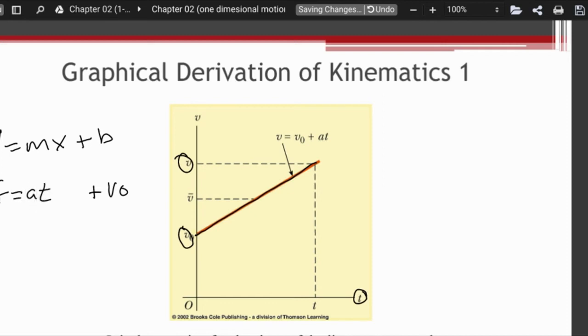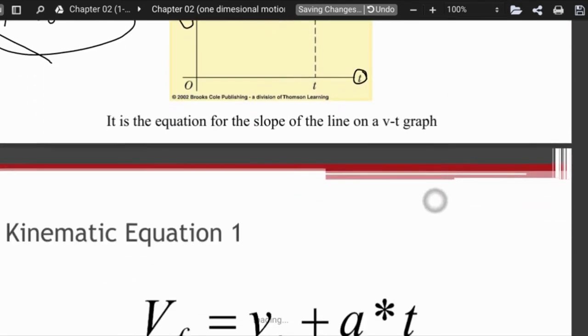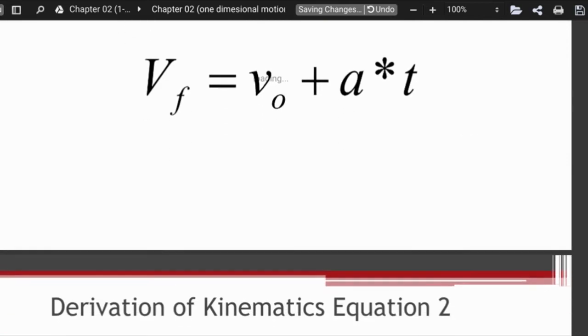And so we just came up with that first kinematic equation based on the line drawn on the velocity time graph. This is the same equation that we derived on the previous slide. So that's kinematic 1.